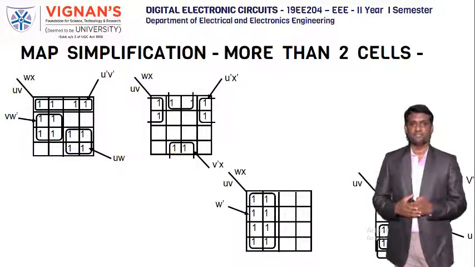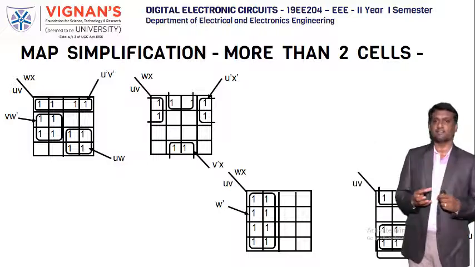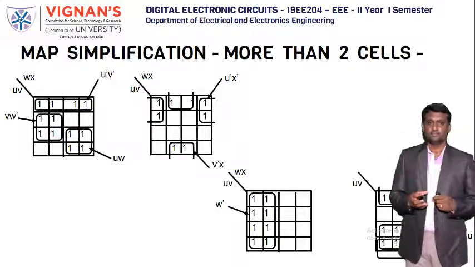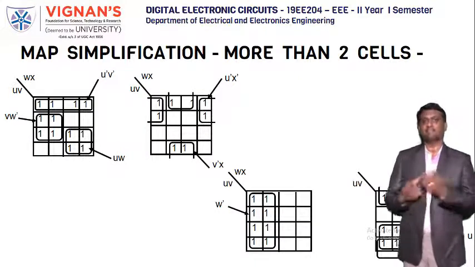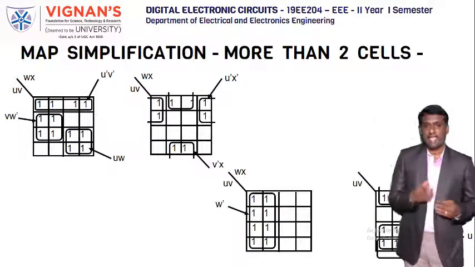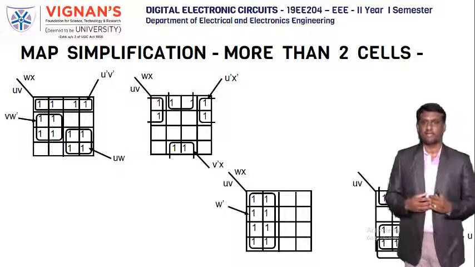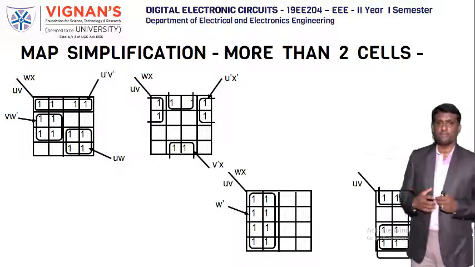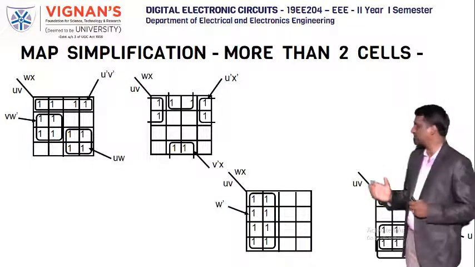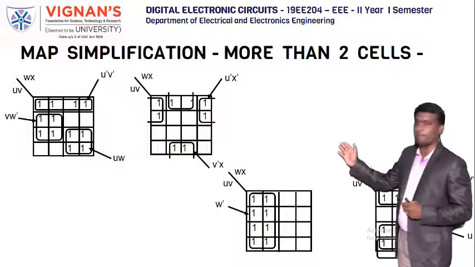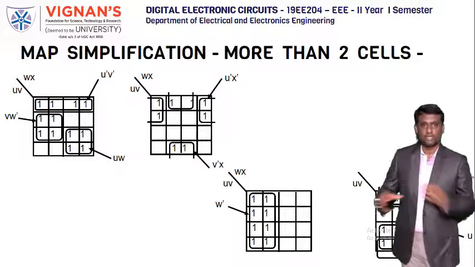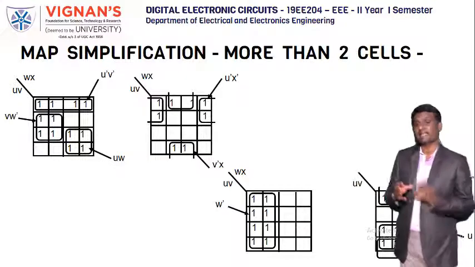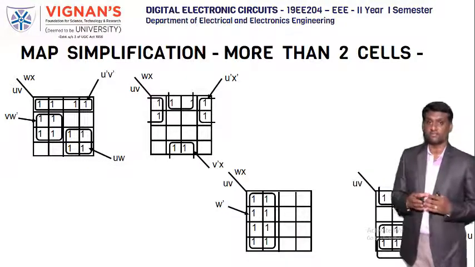Here, if you observe the different combinations of 4 adjacent cells, combining 4 cells or combining 8 cells, in order to simplify the Boolean function. If you observe the first K map of 4 variables, there are 3 different possibilities for the grouping of cells.